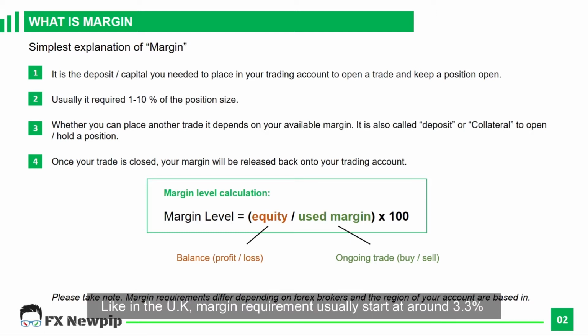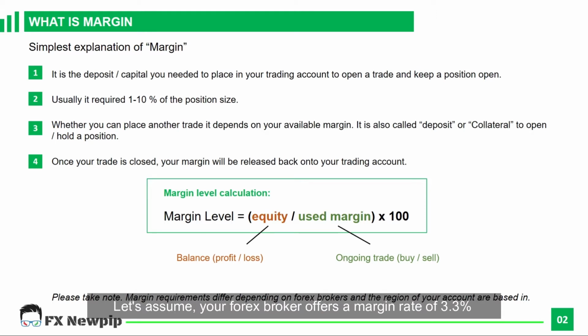Like in the UK, the margin requirement usually starts at around 3.3% for major currency pairs like EUR/USD, USD/JPY, etc. If you forget what the major currency pairs are, please refer back to lesson 1, what is Forex trading. Margin has its own formula. The formula for margin is: margin level is equivalent to equity divided by used margin, times 100.